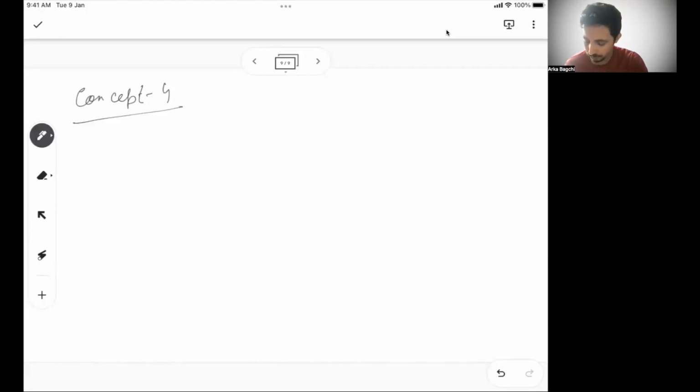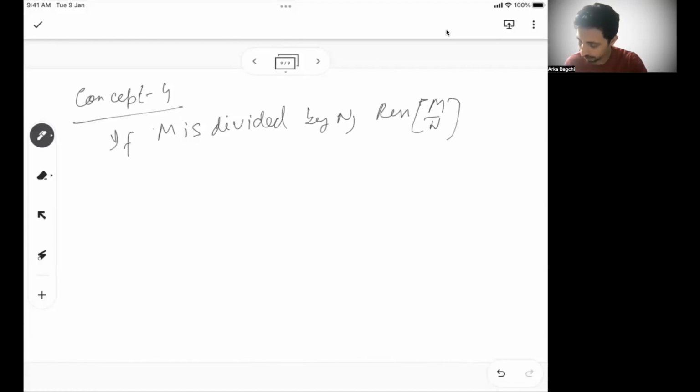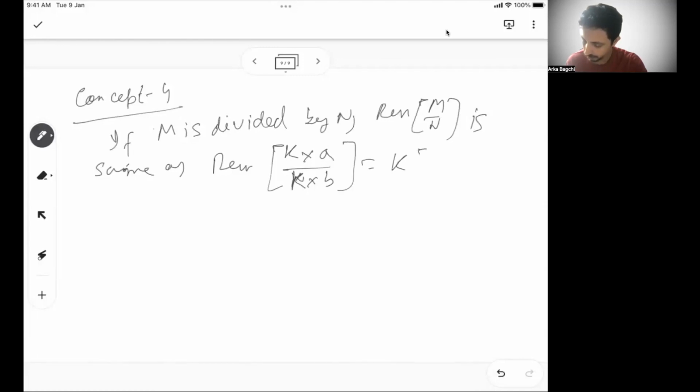So concept 4 talks about if m is divided by n, then the remainder of m by n is the same as, if I can write m as k into a and n as k into b, k into the remainder of a by b.